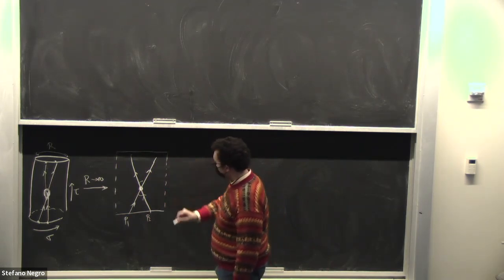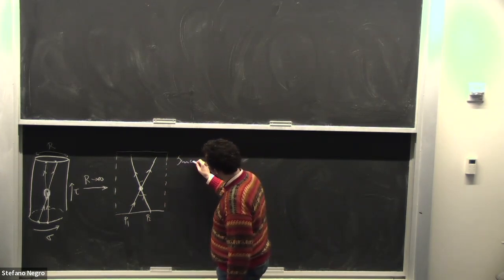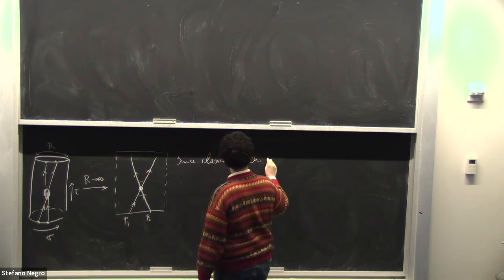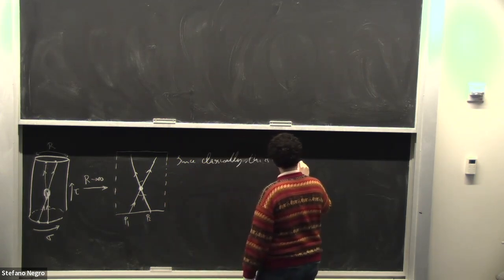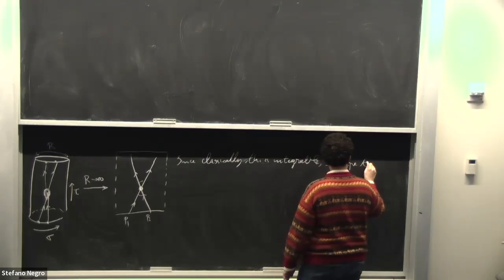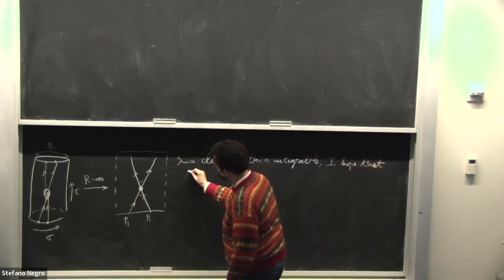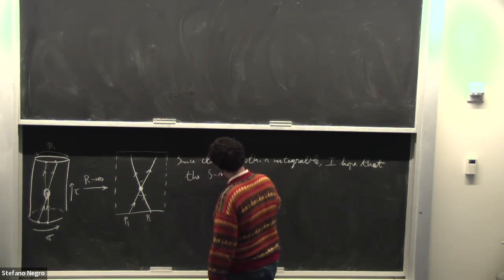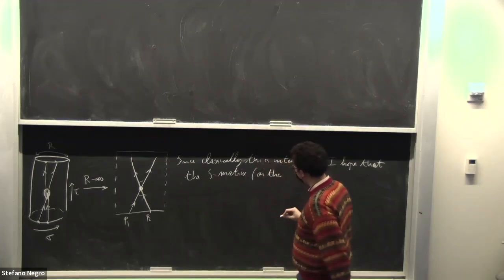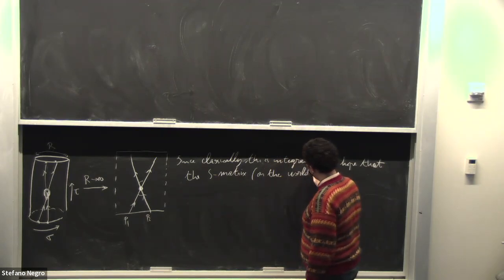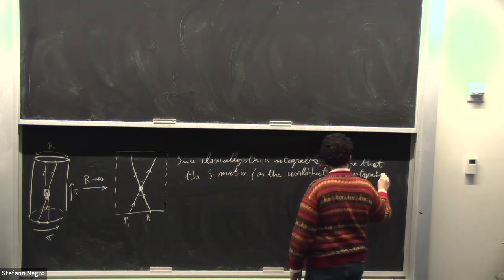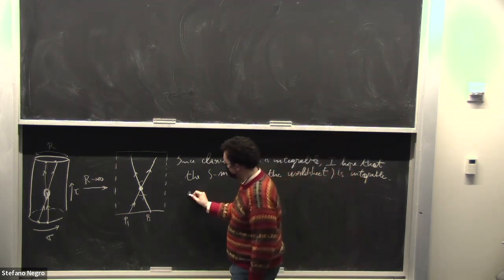And the reason why I drew this is that since classically this is integrable, I hope that the S matrix on the worldsheet, I'm always speaking about the 1+1 dimensional model on the worldsheet, is also integrable. And an integrable S matrix has several features.